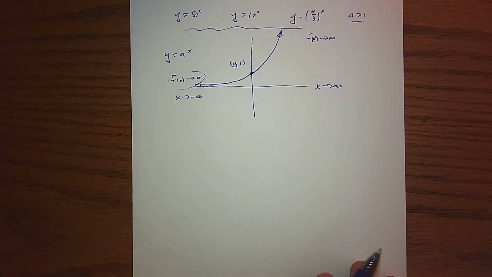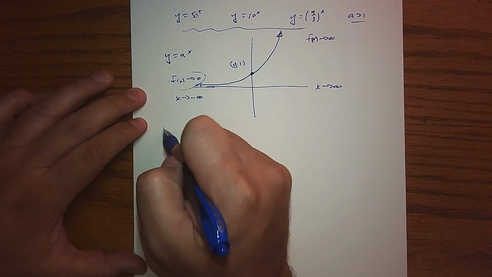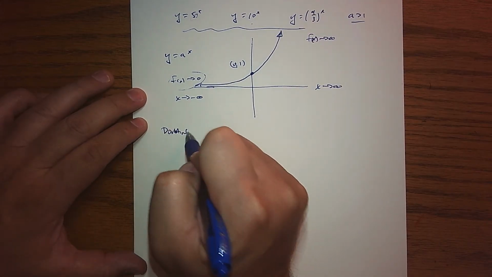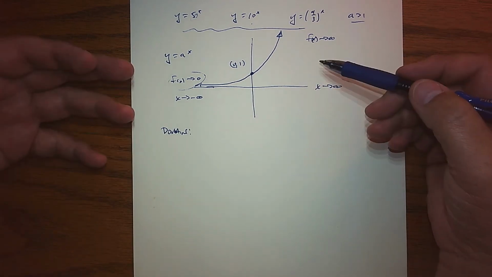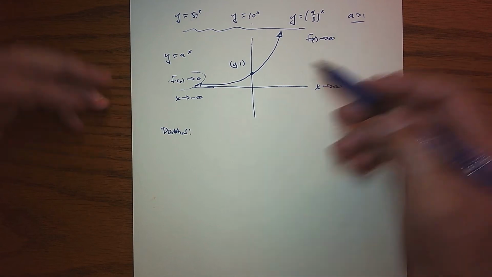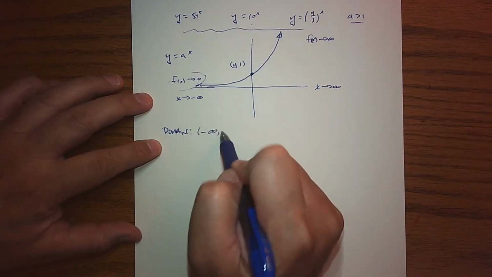So what are some of the characteristics that we see? What are some of the things that we've talked about when we're introducing a function? Well, one of the big things we talked about is domain, right? So what values of x can we put into this function and get an output out? And it looks like it's defined for everything, right?